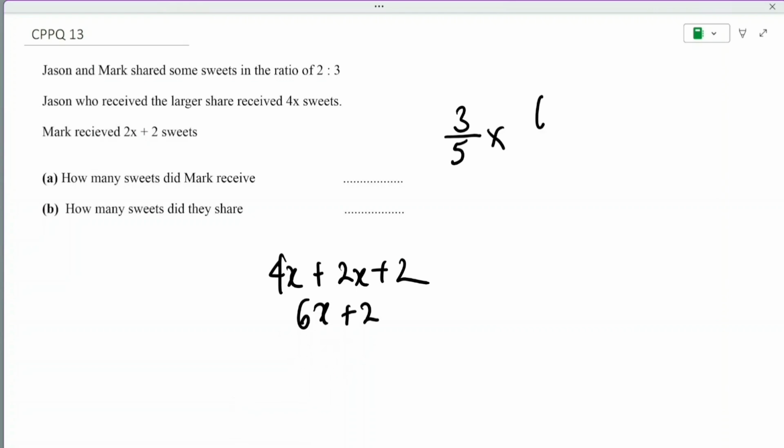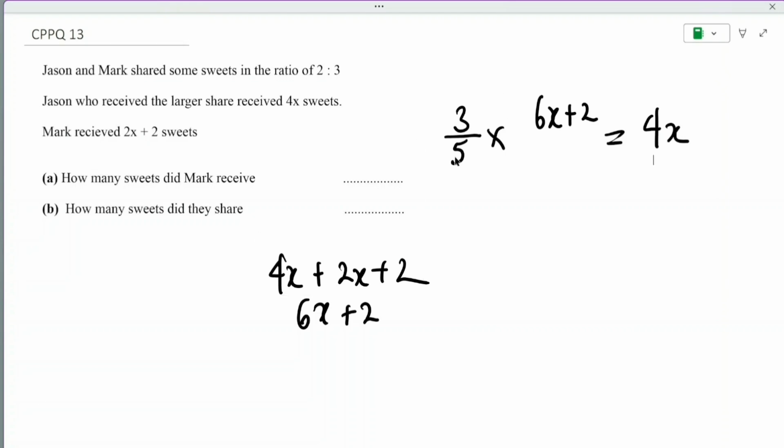So we have 6x plus 2 should equal Jason's share in this case. Since he received the larger share, thereby having the larger ratio, we will have it as 3 over 5 times 6x plus 2 should equal the number of sweets he got, which is 4x.